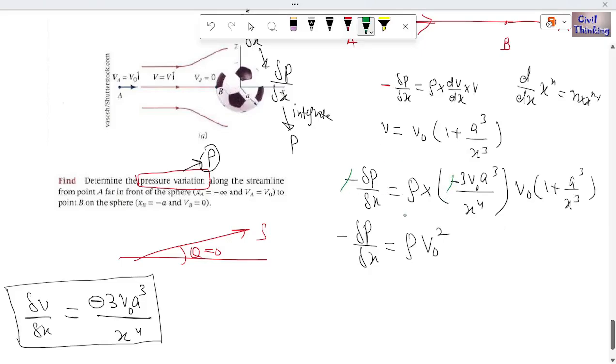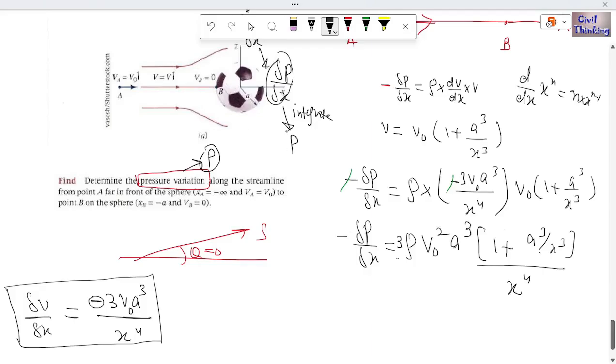So we have 3 rho v naught square a cube times 1 plus a cube by x cube divided by x power 4. So we have delta p by delta x.